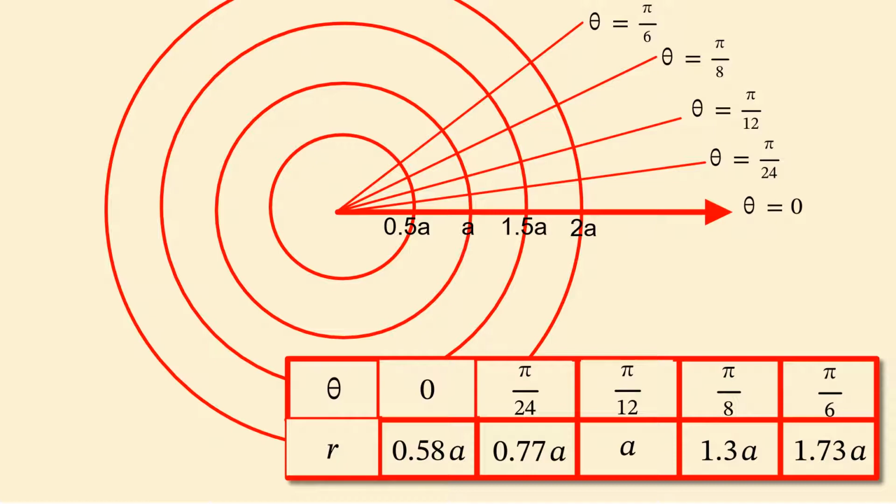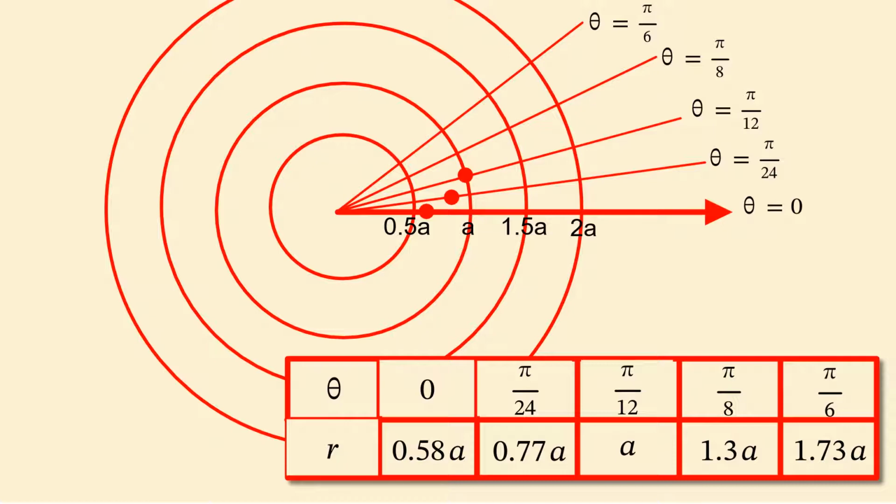When θ is equal to 0, r is 0.577, so I can put the point somewhere around here. And when θ is π/24, we have 0.77a, which is just below a, so maybe around here. When θ is π/12, we have a as the value, so here.